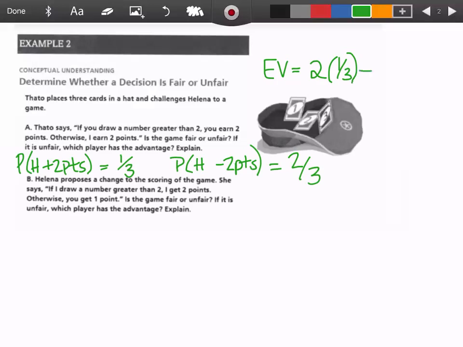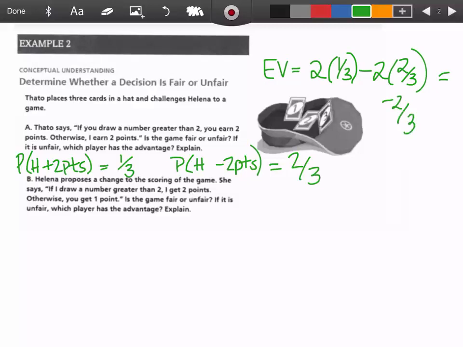She could lose 2 points 2/3 of the time. Remember, with the expected value, we multiply the amount of points, amount of money, whatever it is, by the probability. And if we're losing value, we subtract it. So that's why we have -2 times 2/3. Simplifying this, we get -2/3.